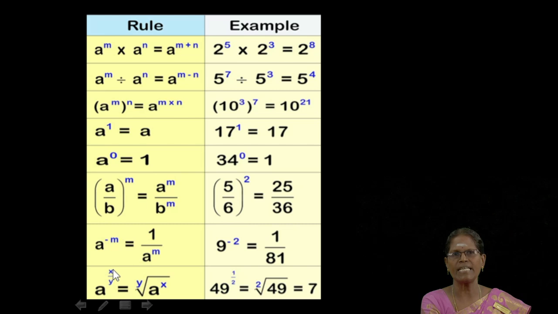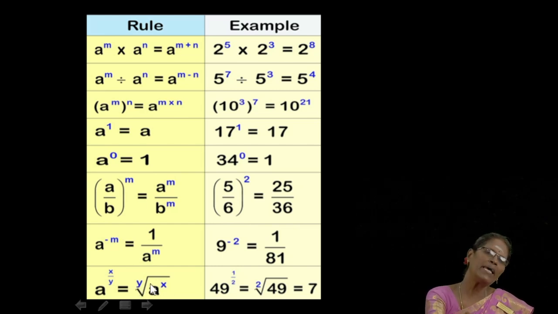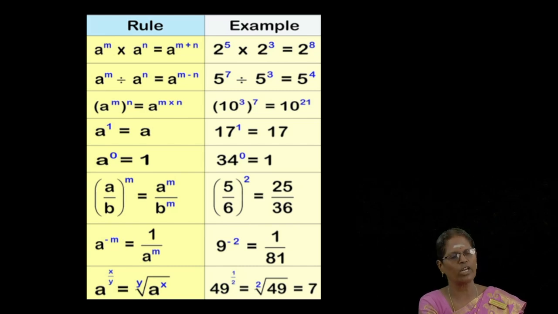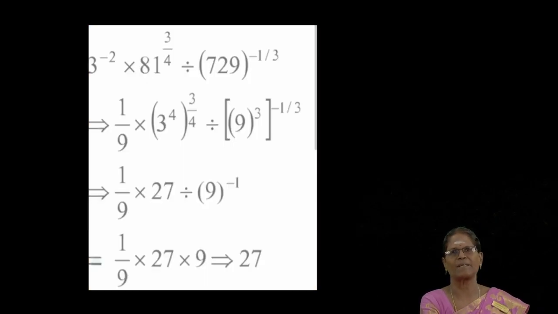The numerator is x and the denominator is y. To convert it into root form, the y becomes the root. So we can write it as yth root of a to the power x. So by memorizing all these formulas, we can work out the problems in indices.